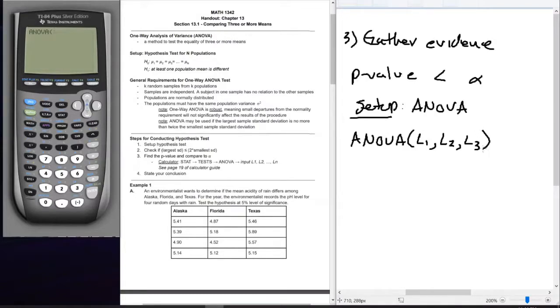In the calculator, we'll input second 1 on the keypad, comma, second L2, comma, and then second L3. With 3 populations, we can close this. We're looking to gather evidence as far as the p-value goes.